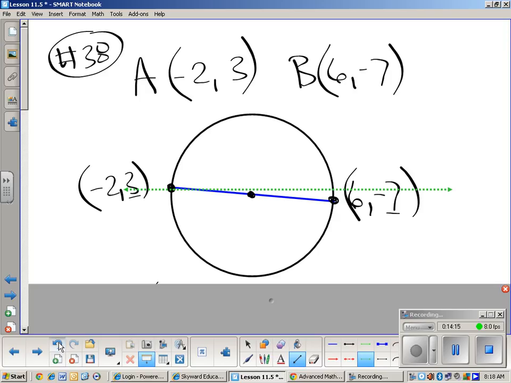So it's not to scale, but it's a picture to look at. And so when I look at that picture, it might help me to see what I need to find. How do I write the equation of a circle? What do I need to have to write the equation of a circle? A radius. So I need to find what? What's the radius represent?